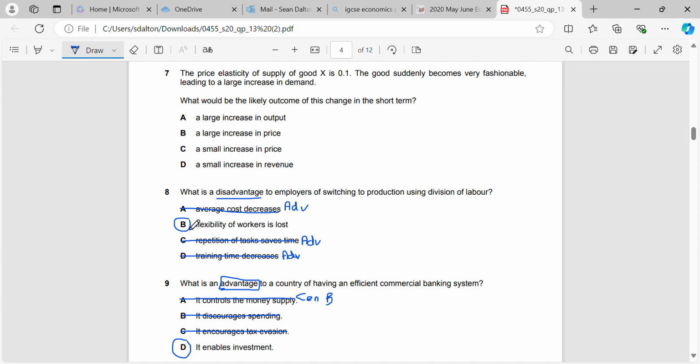What we mean is that, like, if the workers are now working on a specific task, they may lose the skills and the experience that they had before they had division of labor, so they may only be able to do one job. So if someone is sick or someone is out, it may be harder to take a worker from another area and get them to do that job for that day, because they'll only have been focused on or have the knowledge of the job that they're doing specifically.